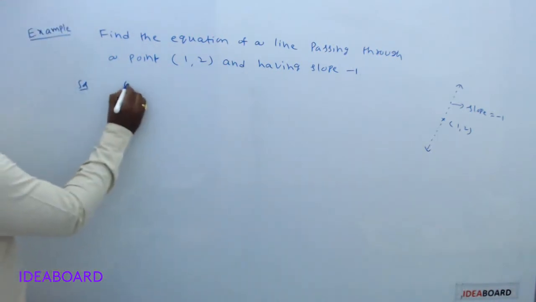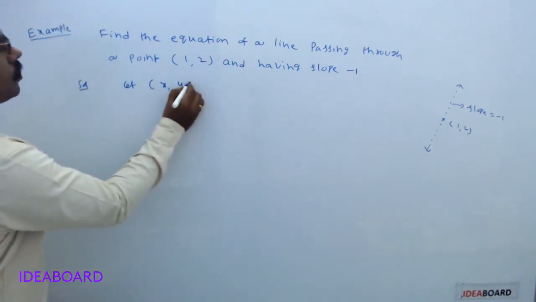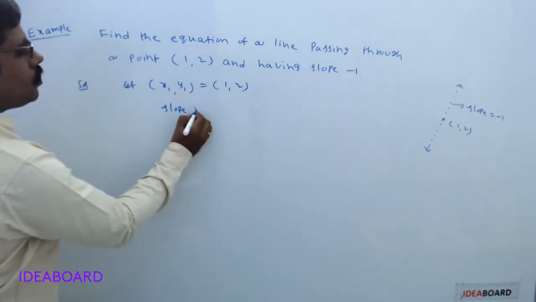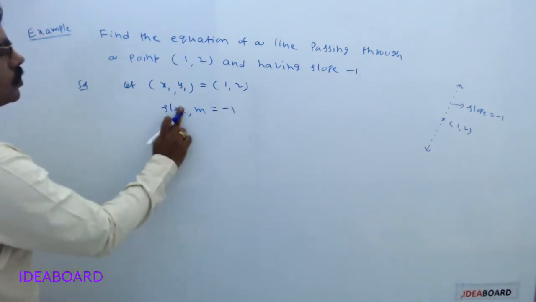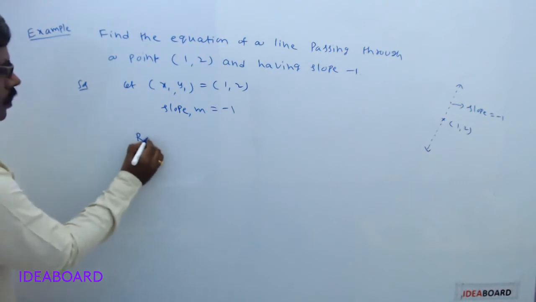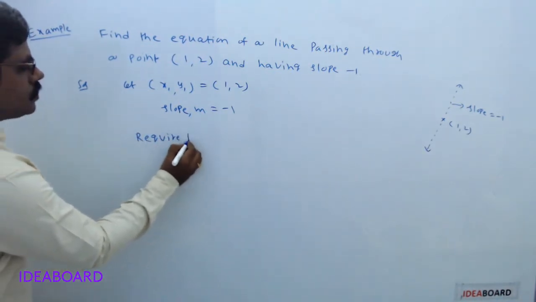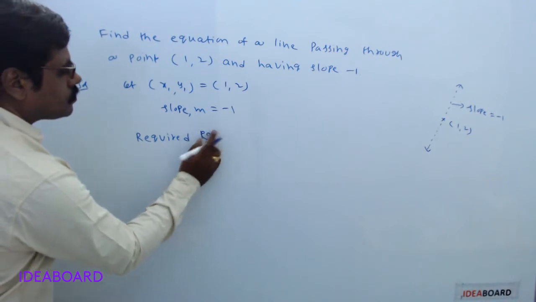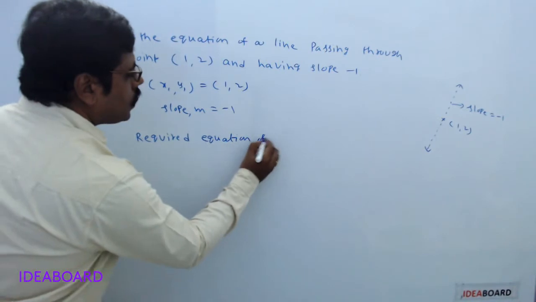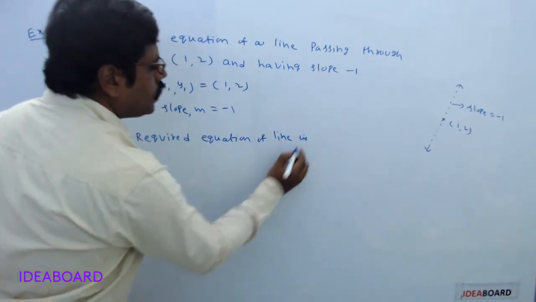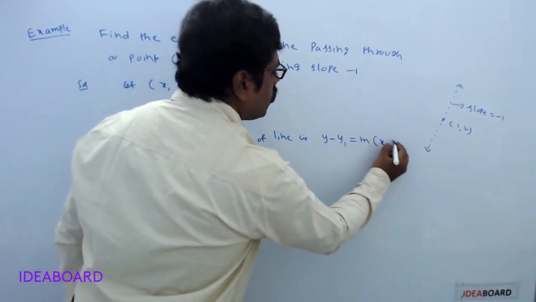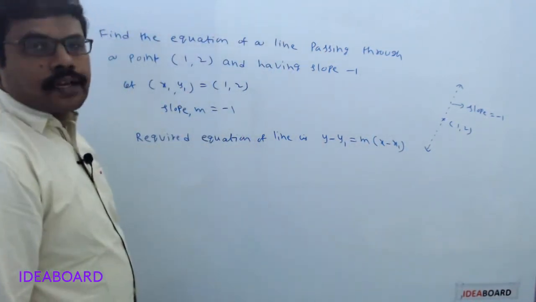So come to the solution. Denote the given point coordinates with x1, y1 and take the slope as small m. So slope m equals minus 1. Therefore the required equation of line is y minus y1 equals m into x minus x1.